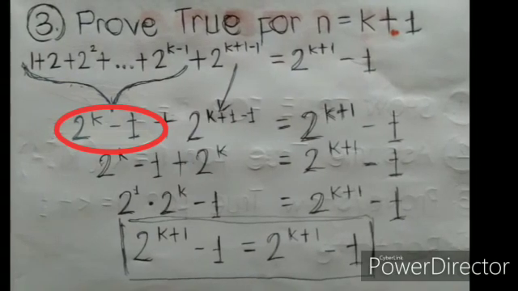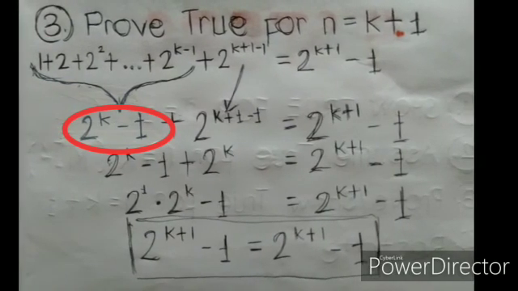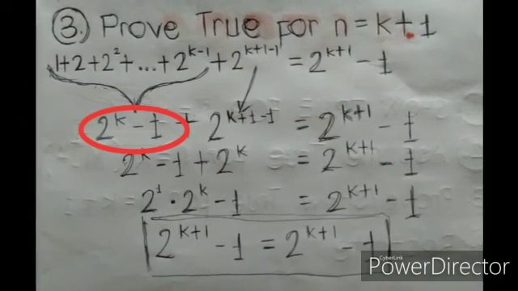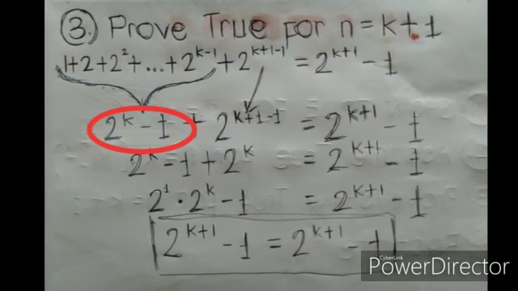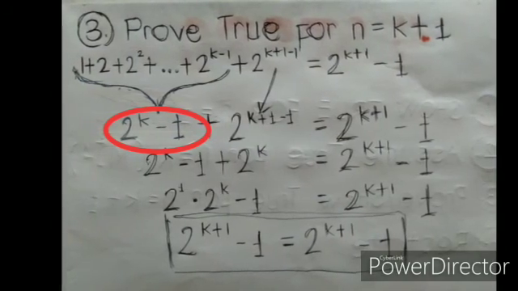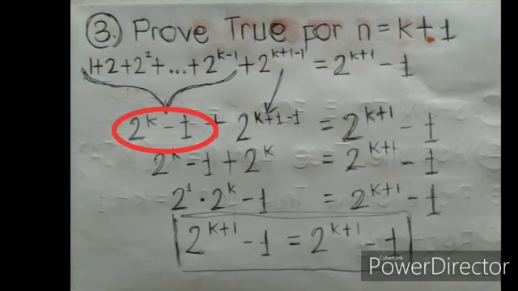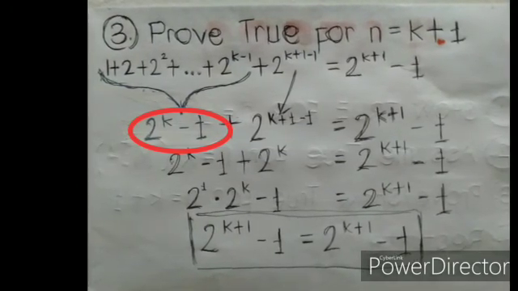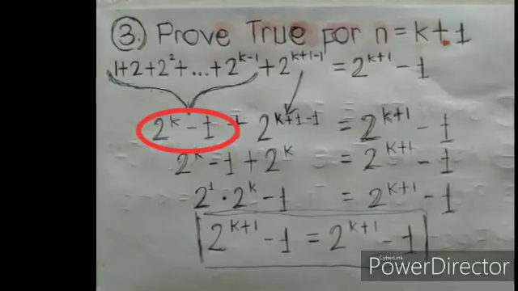To do that, we're going to substitute 1 plus 2 plus 2 squared plus ... plus 2 to the power of k minus 1 with 2 to the power of k minus 1. But where did we get 2 to the power of k minus 1? Let's take a look at the second step.